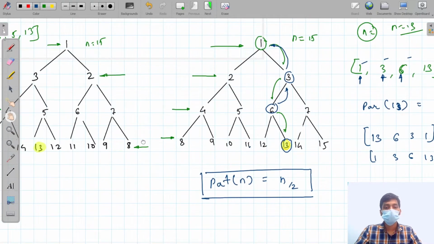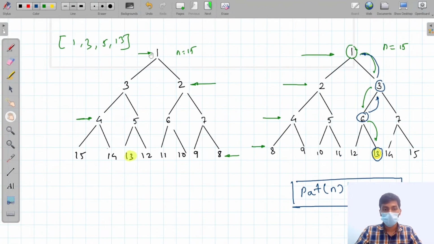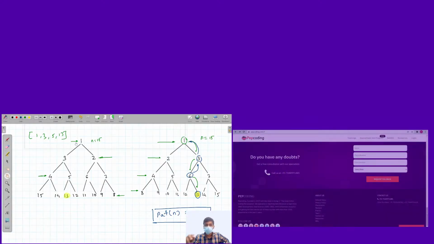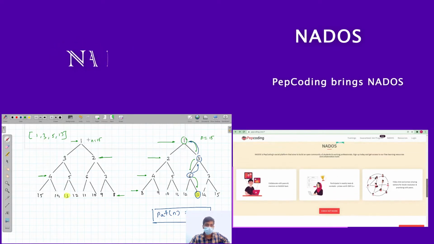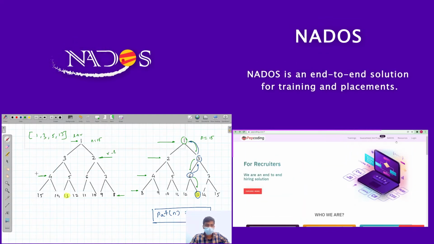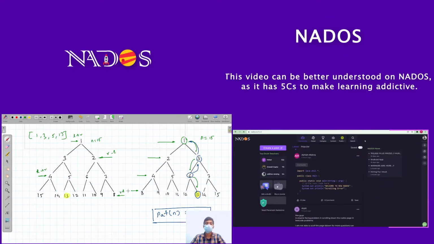Right. Now let's try to apply the same formula for this tree. What is the difference between these two trees? I have just told you that in this tree the order is given in this direction, that is left to right, then right to left, then again left to right, and then again right to left.